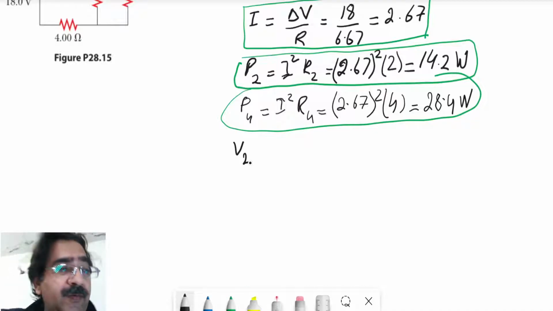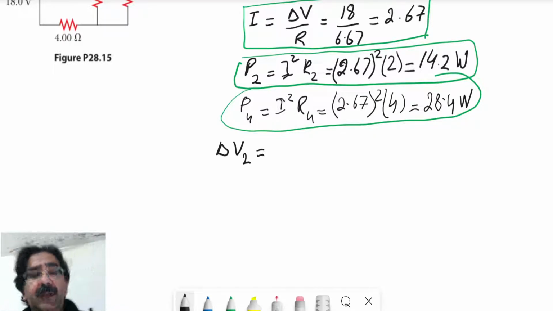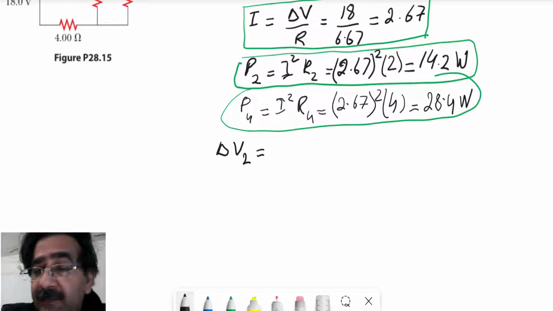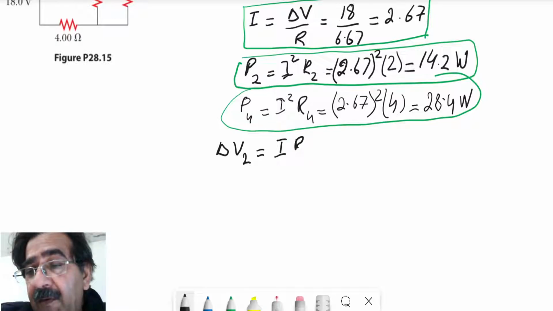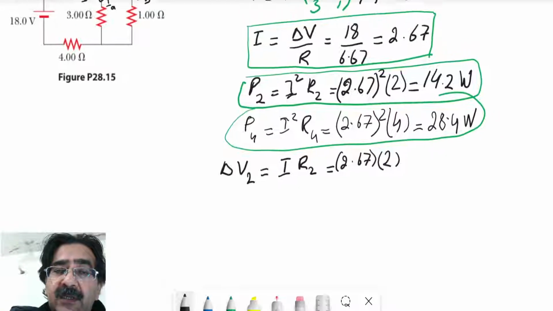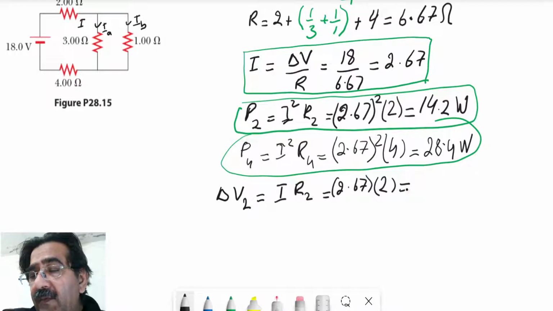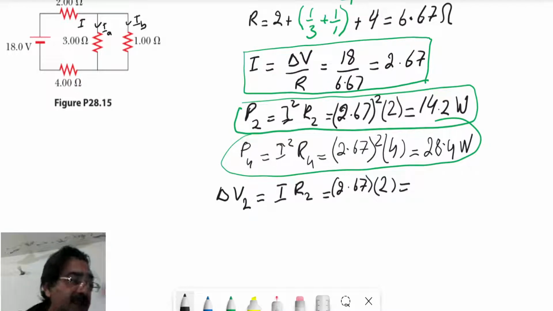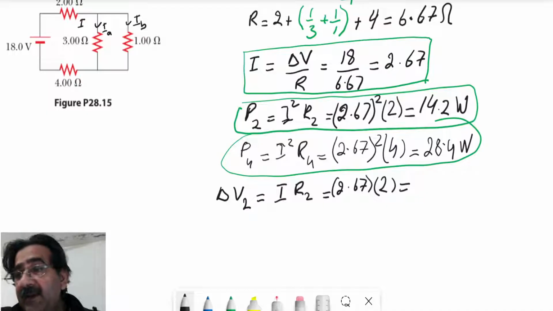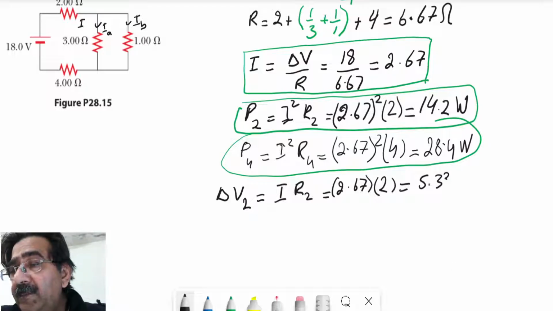The voltage drop delta V2 will be I R2. I is 2.67, R2 is 2 ohm. After calculating, this will be 5.33 volt.